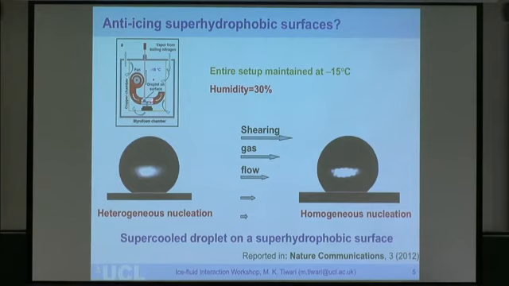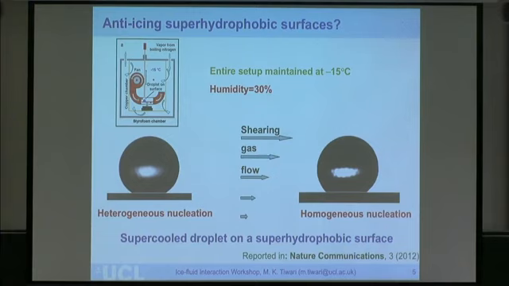This is a zoom in of a water droplet sitting on one of our superhydrophobic surfaces. I wanted to start by giving you a flavor for how we got into this field. The experimental conditions are minus 15 degrees centigrade everywhere. We took pains to make sure that was the case. And humidity is relatively dry, about 30% or so.